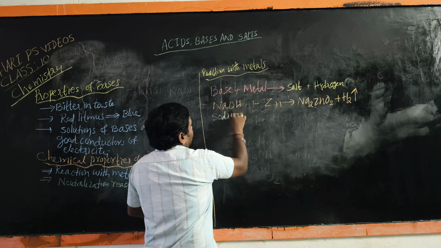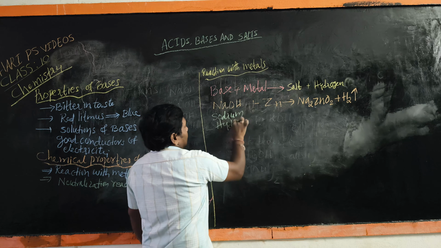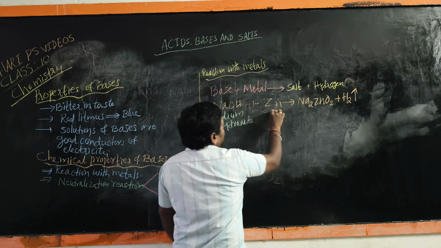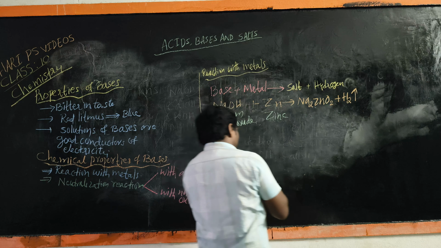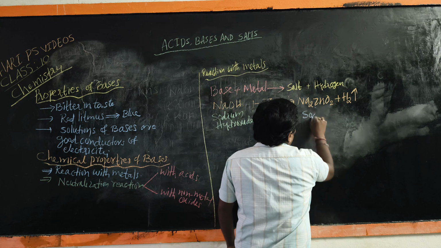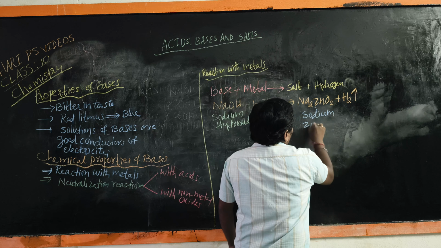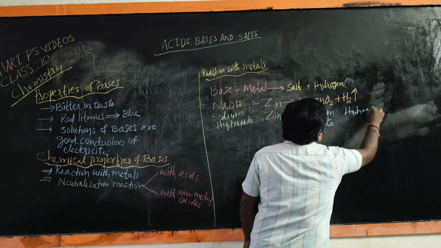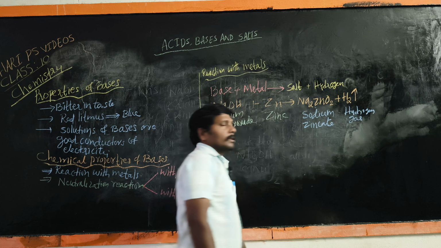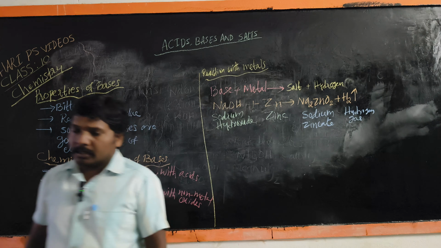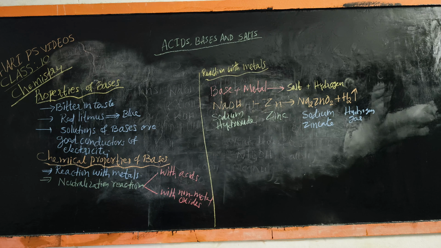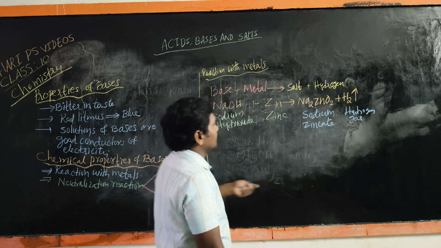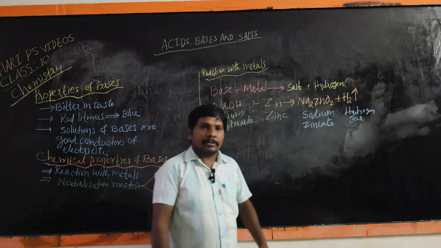Sodium hydroxide plus zinc gives sodium zincate and hydrogen gas. All the bases do not react with metals, but only some bases react with metals, forming their respective salt and also releasing hydrogen gas.